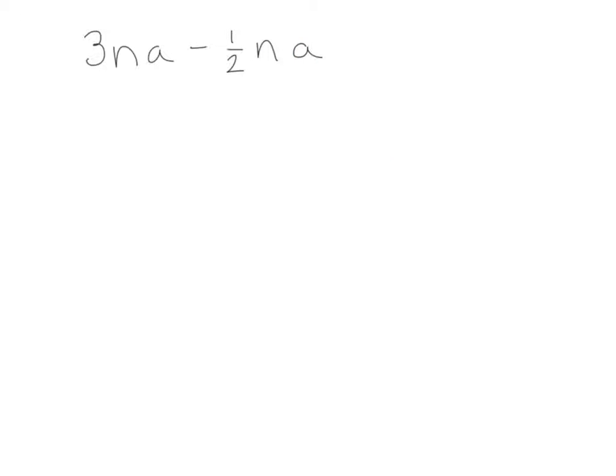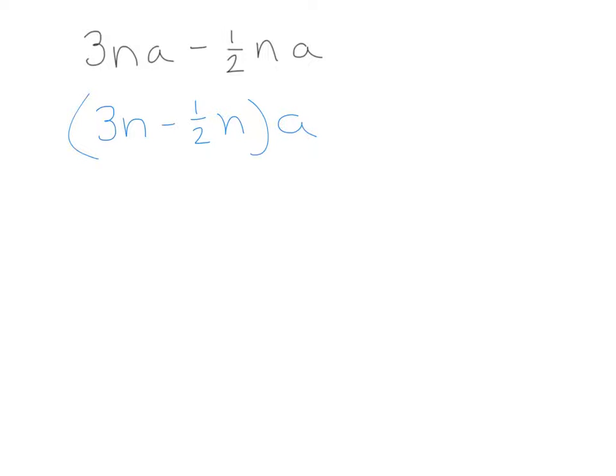So here would be a final example of collecting like terms. What we have is 3na's minus a half of an na, and therefore we can reverse distribute or collect our a's, and we could have collected n's as well, and we'll look at that in just a moment.